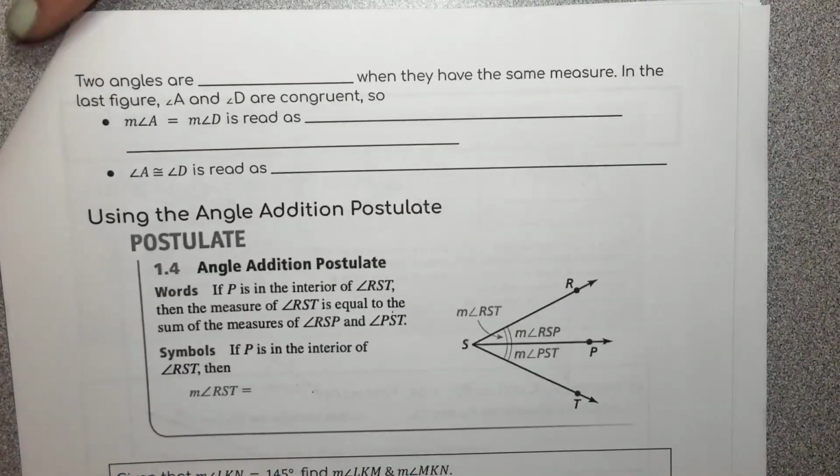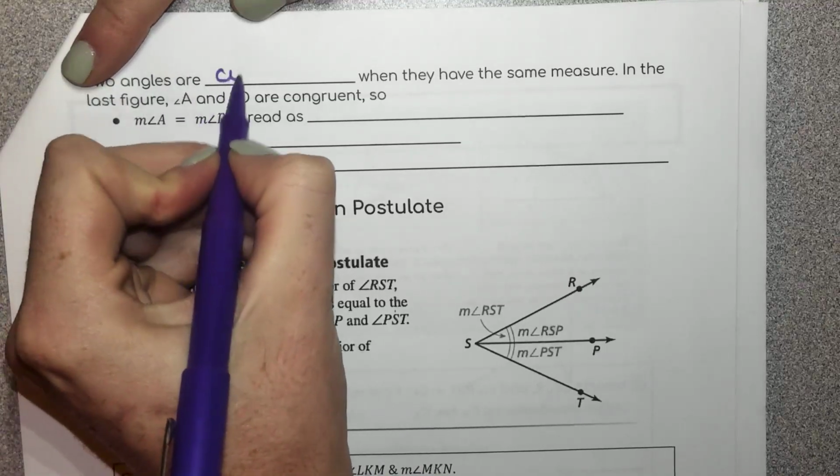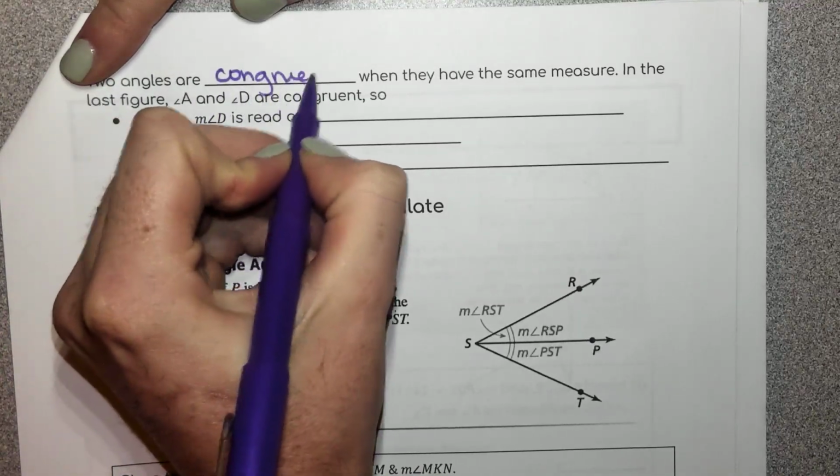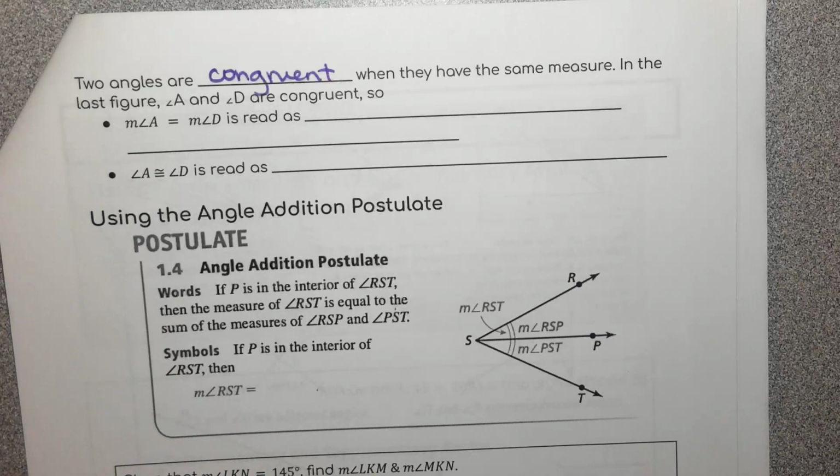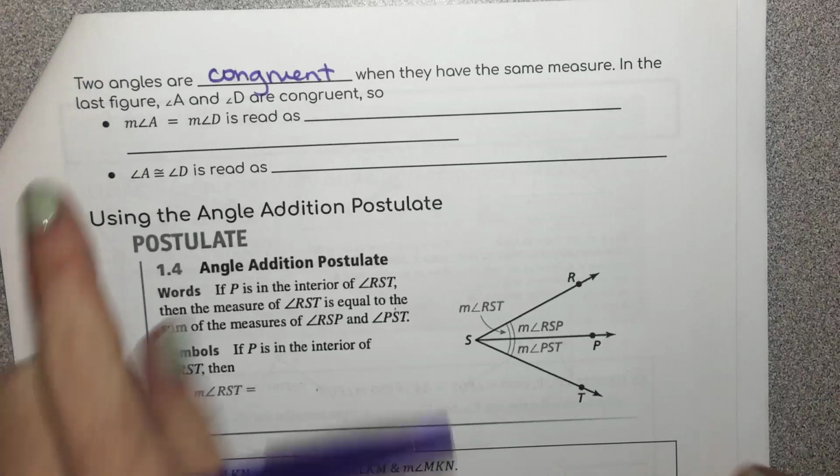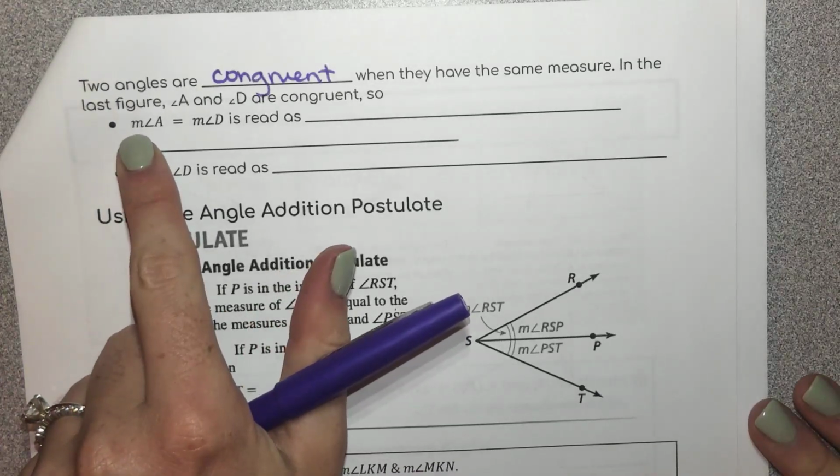Two angles are congruent when they have the same measure. In the last figure, angle A and angle D were congruent. So we would read it as, what does the little m mean? Measure.